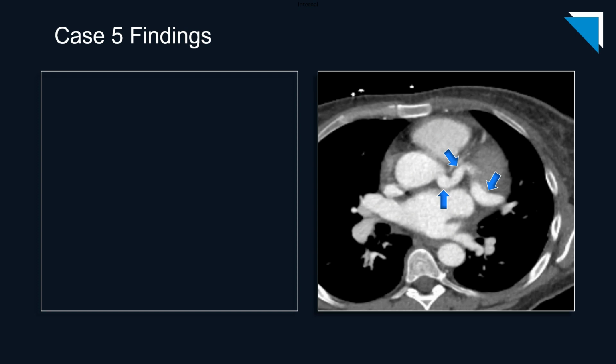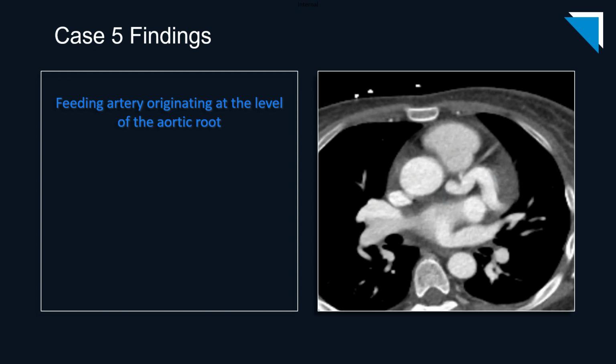There is an engorged, somewhat tortuous feeding vessel at the level of the aortic root. A different slice from the same study demonstrates the left anterior descending coronary artery, which appears to originate from the feeding artery.